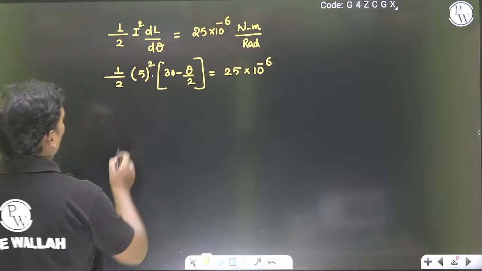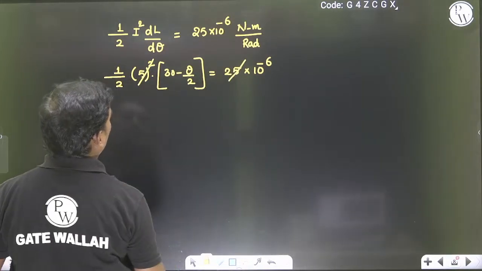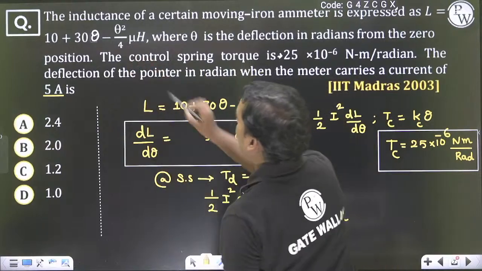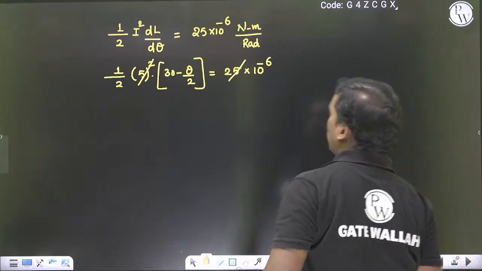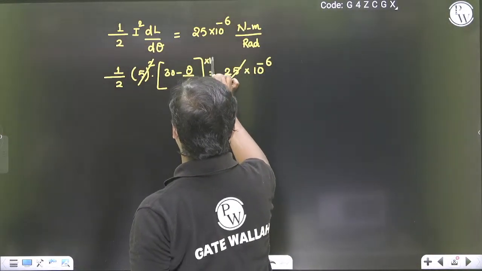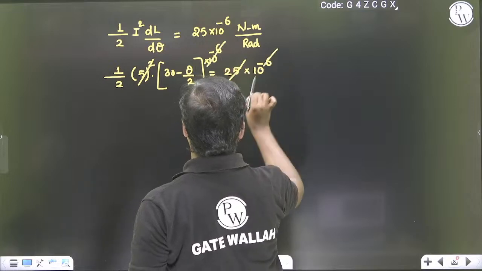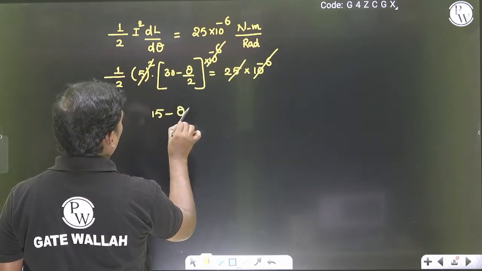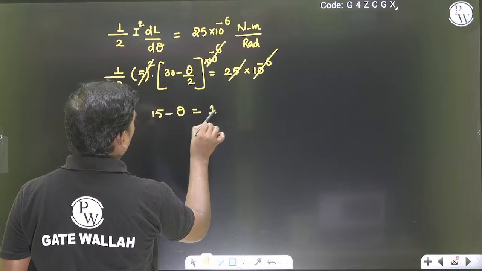So this 5 square and 5 square get cancelled. Actually this dL by d theta you have to observe, this is given in microhenry, so here there will be 10 to the power minus 6 also. So this 10 to the power minus 6 also gets cancelled. So now we can write 15 minus theta by 4 is equal to 1.